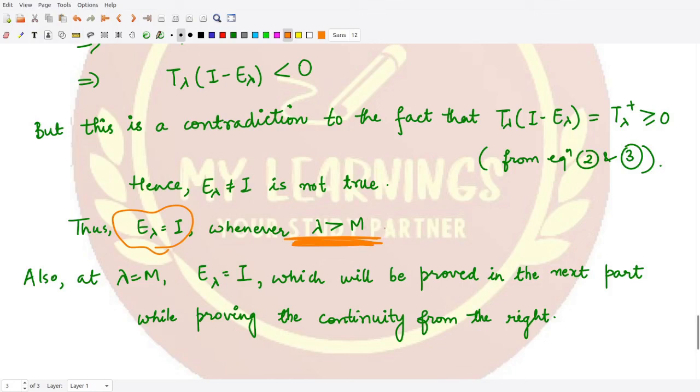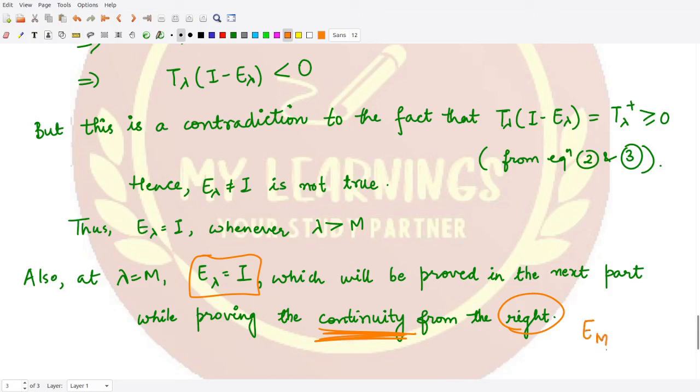So this is the proof whenever we have lambda greater than M. For lambda exactly equal to M, we want to prove that again E_lambda is equal to I. This will be proved when we prove the next part, where we'll be proving the continuity of the given projection from the right. That would give you E_M, where lambda is equal to M, the value is equal to I.